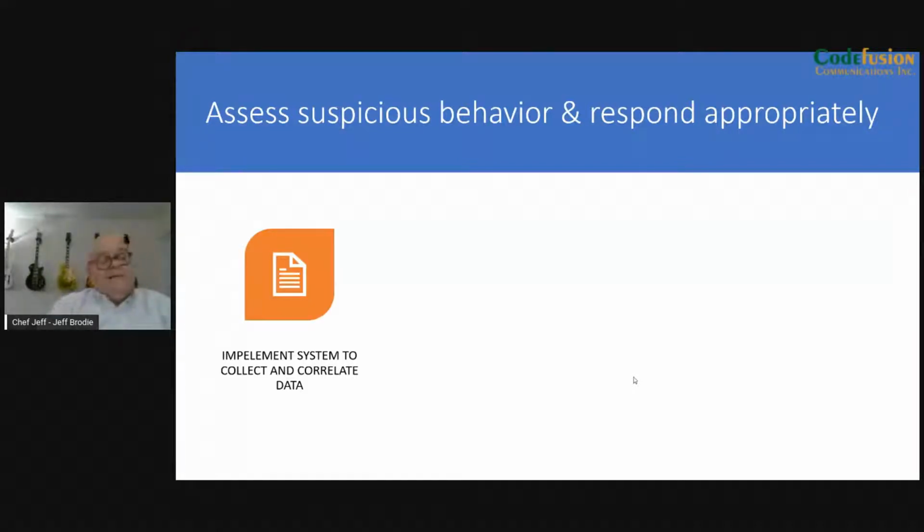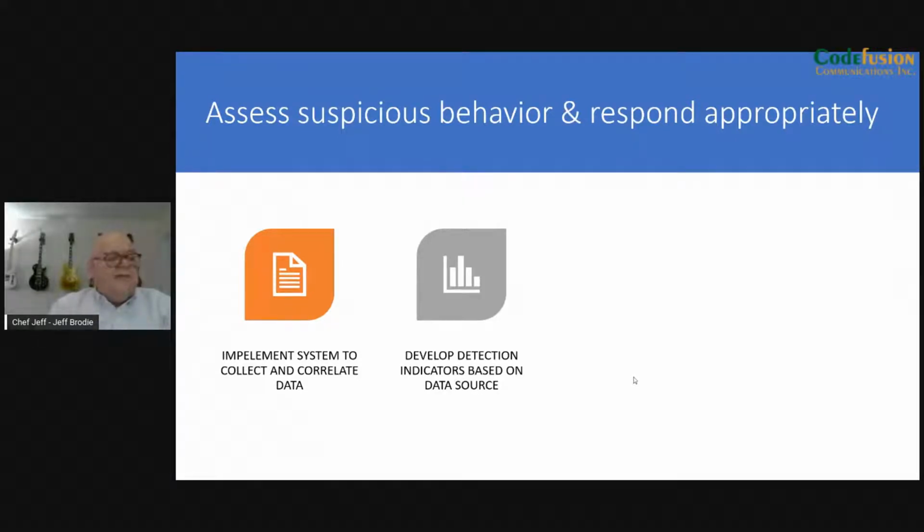So to have a system to collect and correlate data. So this could be, in the IT world, we would be using systems to look at logs for, let's say, logins, logouts, failures, those types of things, different types of applications running. So we would look at what's new, what's out of sequence.